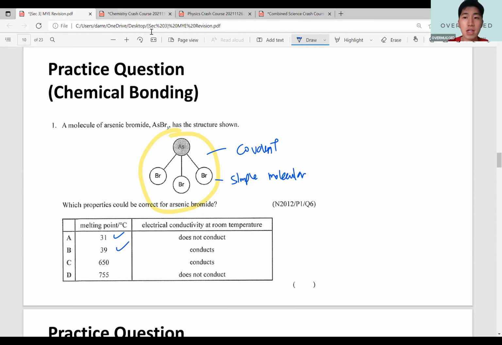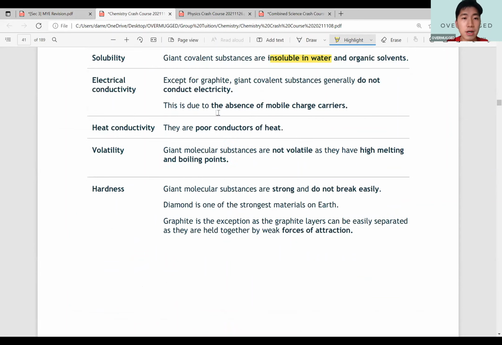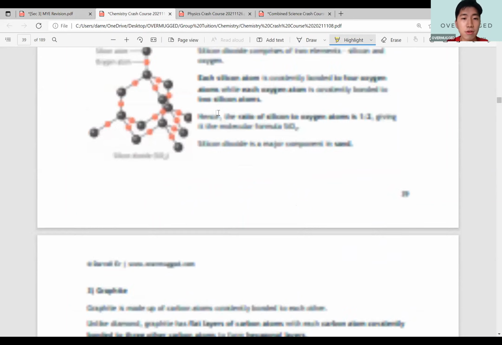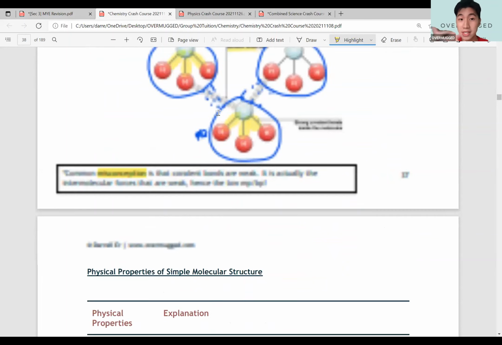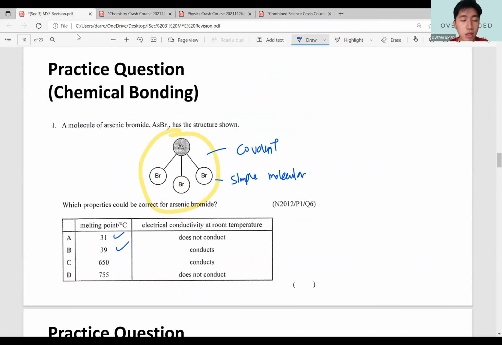For those of you who need a little bit of revision, remember earlier we discussed this concept before. Between the neighbors is very weak, right? Weak intermolecular force, low melting boiling point. So you're choosing things that have low melting boiling point. Do covalent compounds conduct electricity? It does not. So answer here is just A.